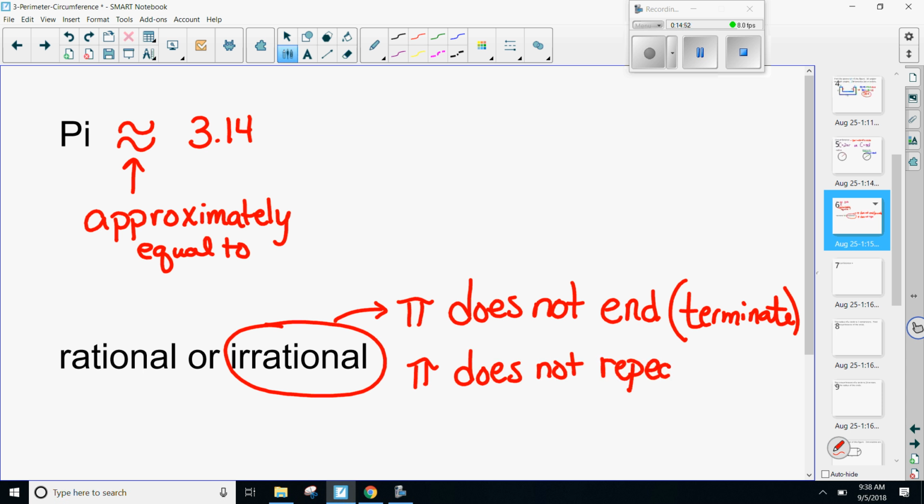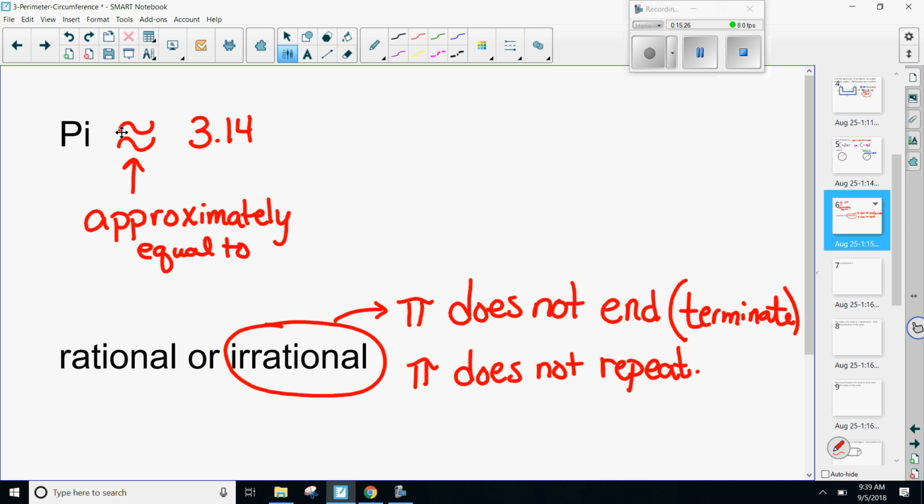So that decimal value does not repeat. Because if you talk about 0.3333333333333, do you know what that is as a fraction? 1/3. Repeating decimals can be written as a fraction and they become rational numbers. But if it does not repeat and if it does not end or terminate, then that means that it becomes an irrational number, and pi is in that classification of irrational numbers.